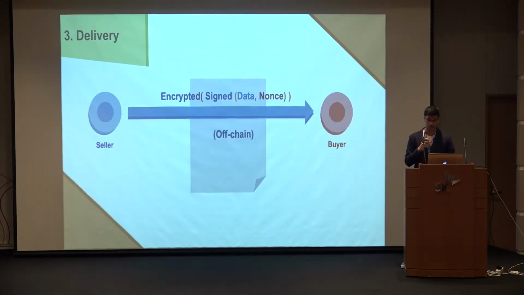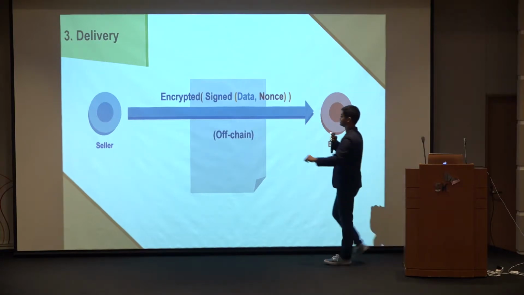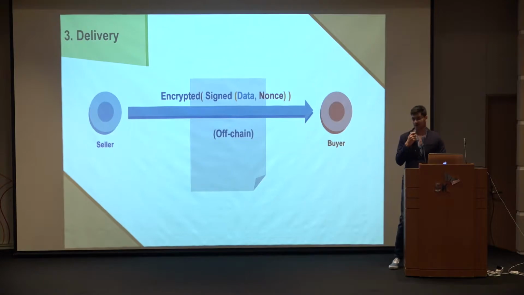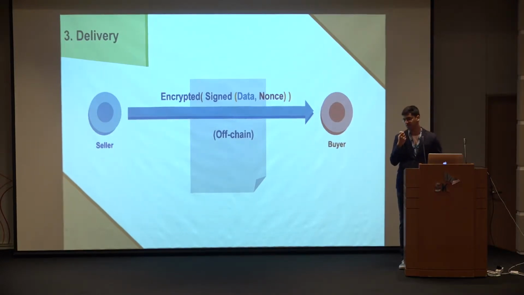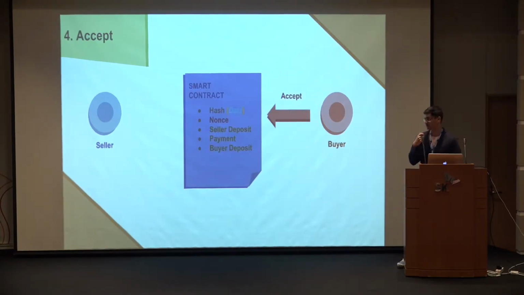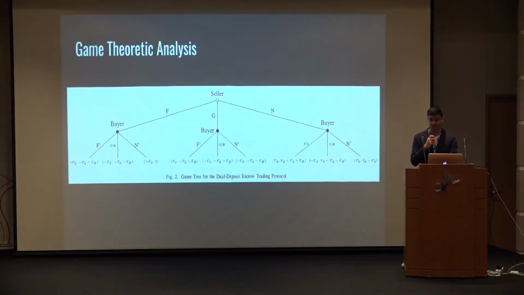So the buyer basically takes the signed data and nonce, provides it to the contract and says, hey, look, he signed this part, he signed the data and the nonce. The smart contract verifies that the nonce was right, then takes the data and hashes it.